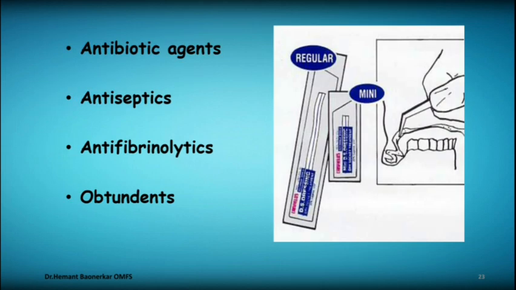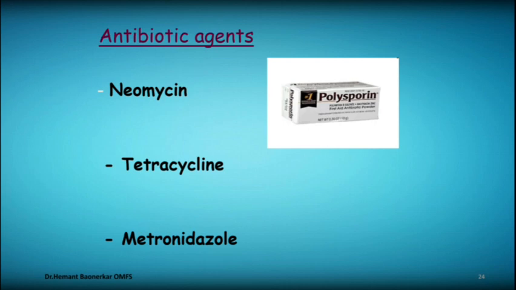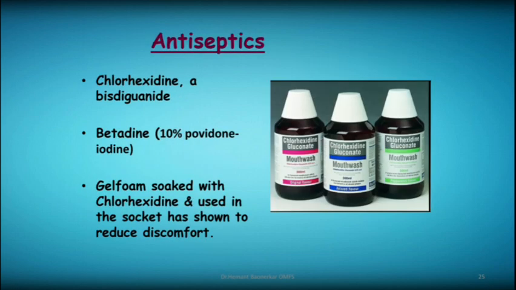Then there are some dressing gauze preforms also available in the market, which have antibiotic, antiseptic and obtundent properties. Generally, neomycin, tetracycline or metronidazole gel are also advised to be placed inside the dry socket pack.